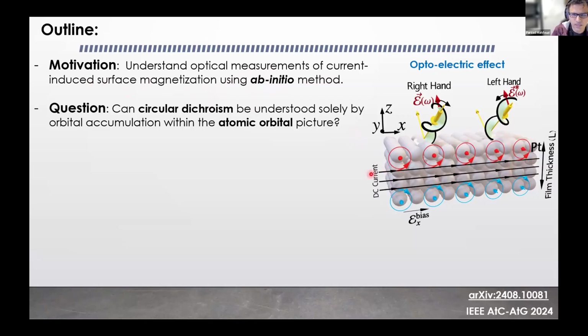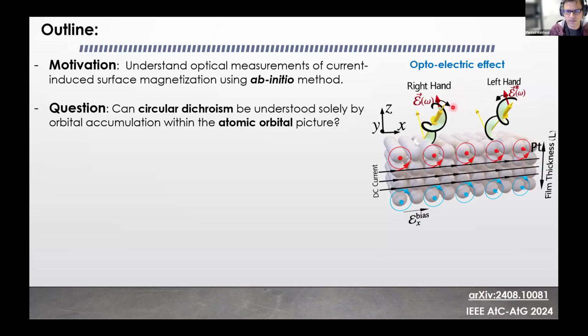So what happens is that when you have a thin film, such as platinum, you pass a current, you expect that there would be a spin and orbital accumulations on the two surfaces with opposite sign on the opposite surfaces. And then when you shine this surface with light, if the light is linearly polarized, you would expect to see a rotation, Kerr rotation, on the reflected light.